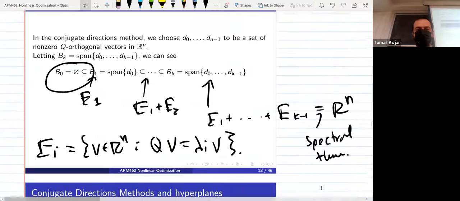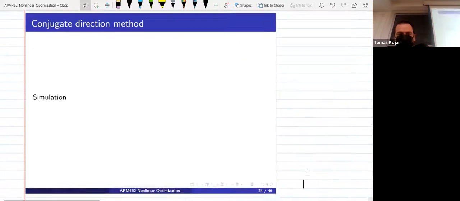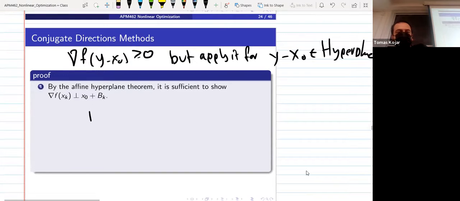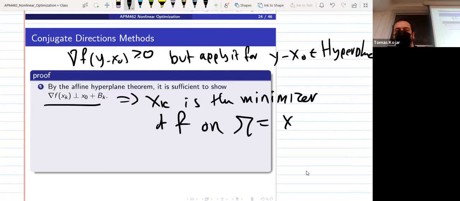So that means by proving this result, over here, that you have the gradient being normal to this hyperplane, you obtain that xk is the minimizer of f on omega given by x0 plus bk. You understand?